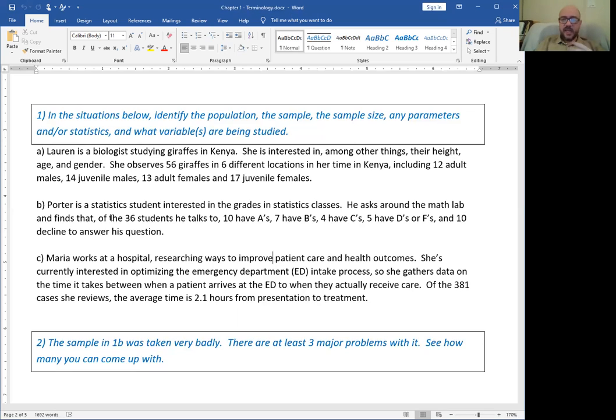Additionally, it's not exactly stated here, but it's sort of implied that he only does this once, right? So he goes to the math lab at a particular time. Well, if he found a bunch of students in the math lab at that time who were working on statistics, it's very likely that their class just got out. Of the many sections of statistics that we have, he's probably talking to people from just one or two of them, right?